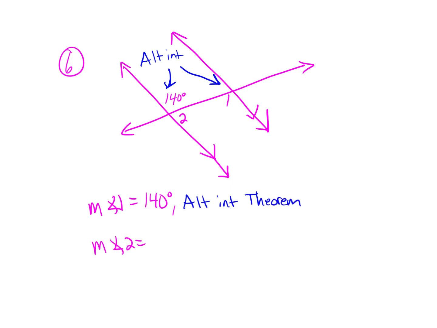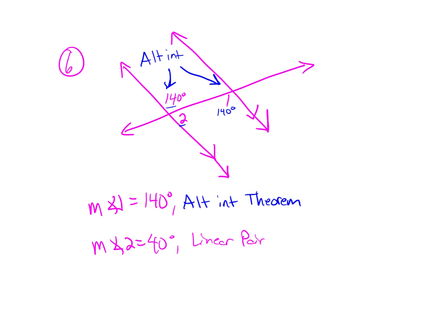Measure of angle 2 then, so we got 140 for angle 1. What did you get for angle 2? 40. And I heard linear pair. So the 140 and the 2 form a straight line together, right? So those are a linear pair. They add together to equal 180.